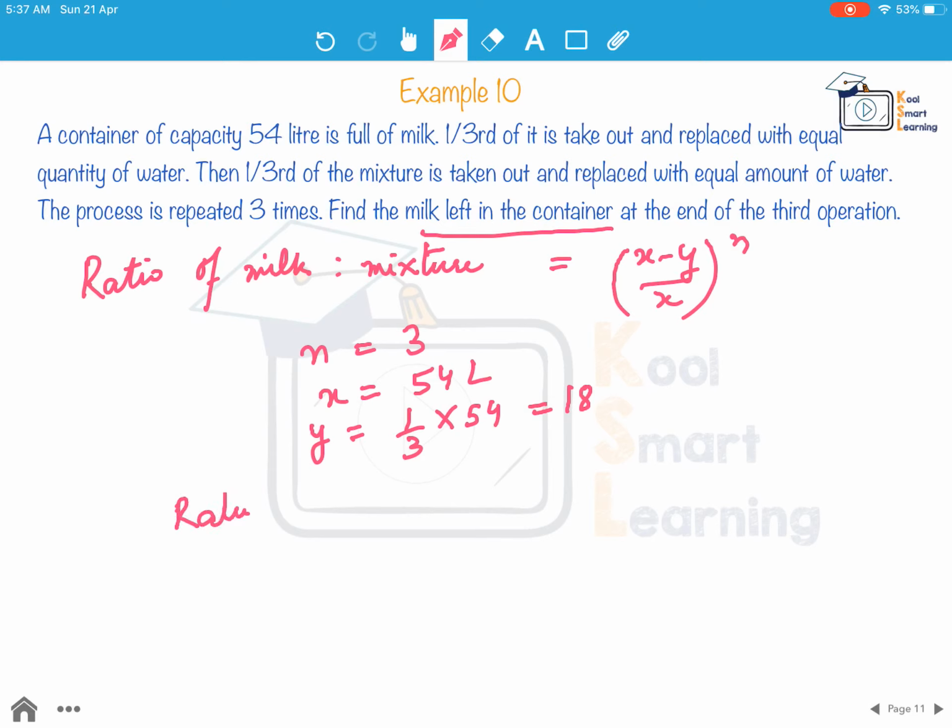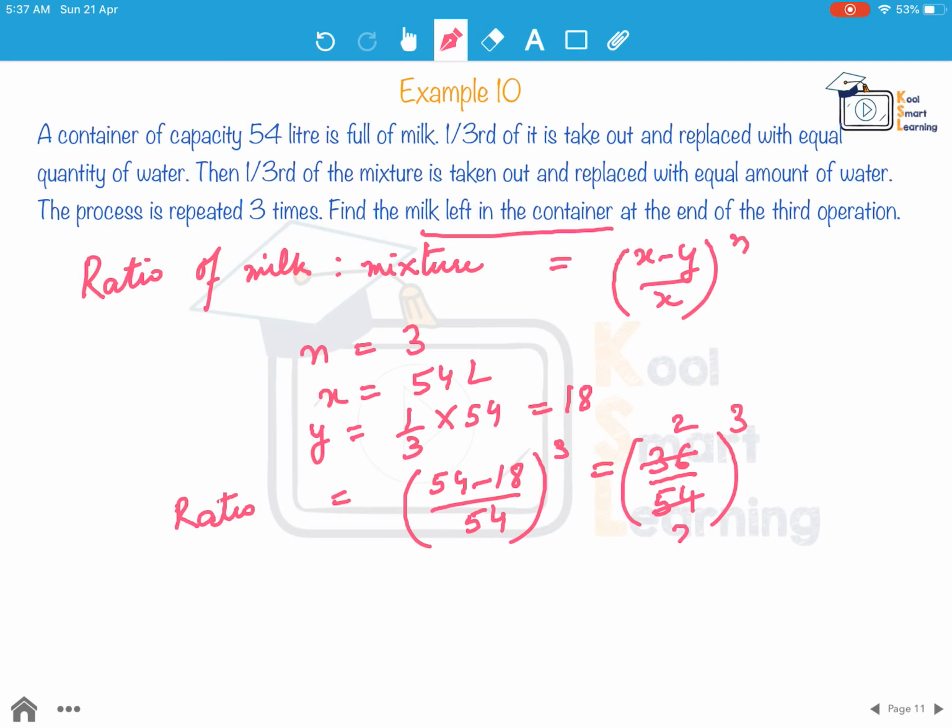So the ratio is equal to (54 minus 18) divided by 54, whole raised to the power 3. So we get 36 by 54 raised to the power 3. We cancel this: 18 2s are 36 and 18 3s are 54. So we get 2 by 3 whole cube, which is nothing but 8 by 27.